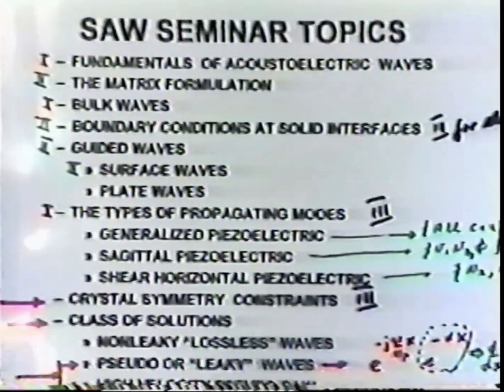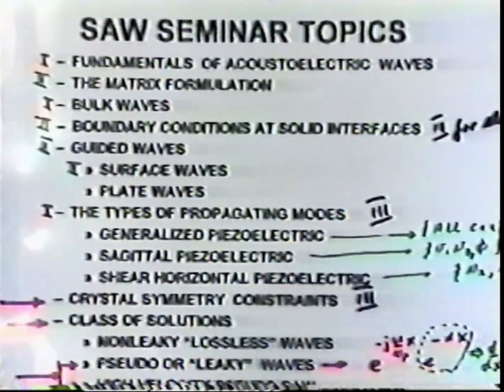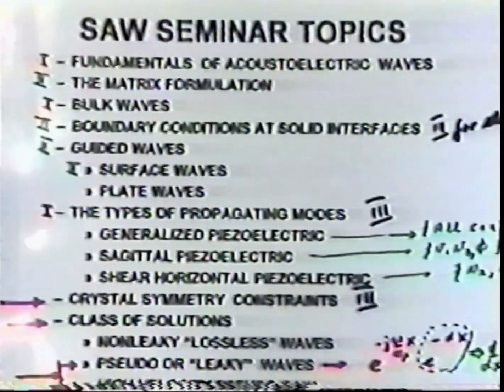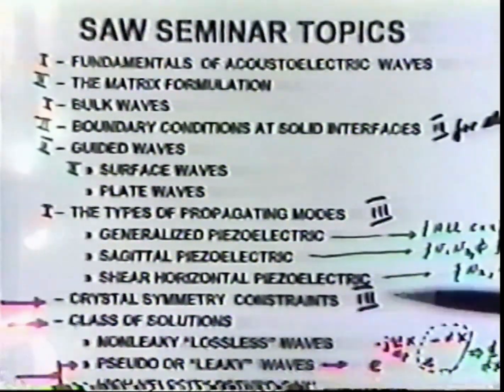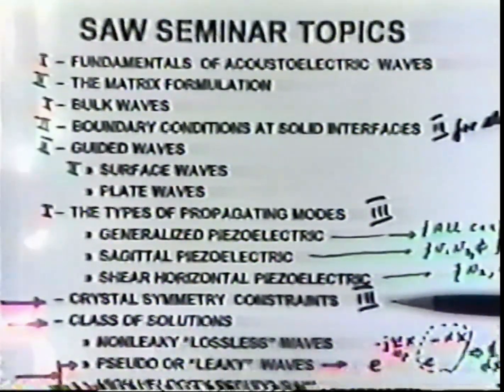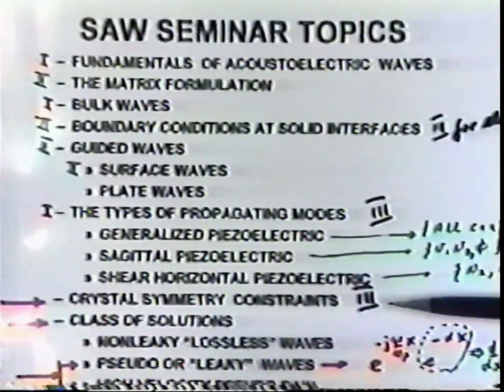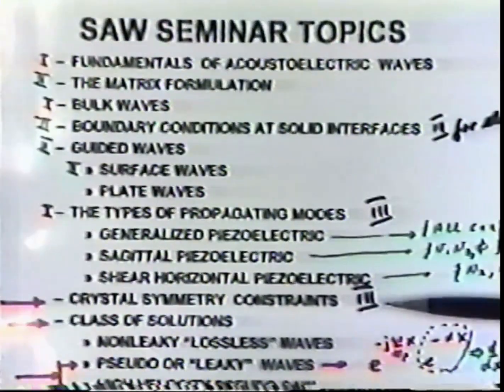And then we have the shear horizontal type of mode, in which we have the transverse displacement or velocity field coupled to the potential. There are, of course, non-piezoelectrically coupled solutions which may exist, and if you recall, we looked at the reference, which is the article in the Physical Acoustics volume discussing the effect of crystal symmetry on decomposing or uncoupling different types of solutions, and there's quite a good list in there.